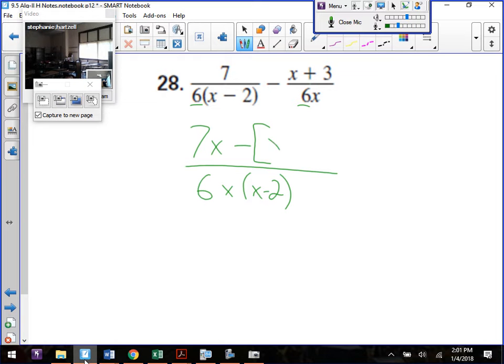So I'm going to have an x plus 3 times an x minus 2. Just above that, I'm going to FOIL out the x plus 3, x minus 2. I get x squared plus 3x minus 2x, so plus x, and then minus 6.